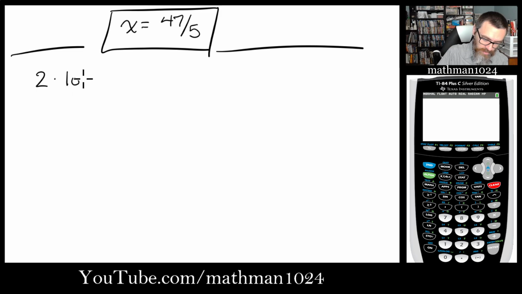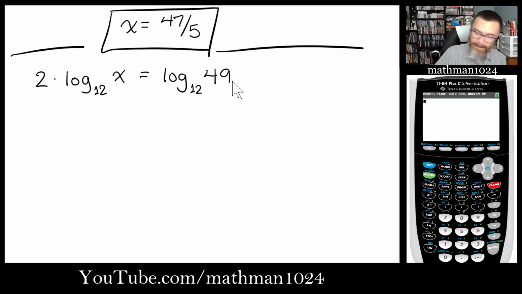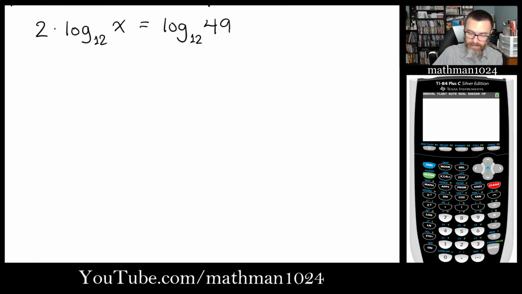So 2 times log base 12 of x is equal to log base 12 of 49. All right? There are a couple of things that we can do here. One of these is to use that property of logarithms that would allow me to put the 2 back up here.